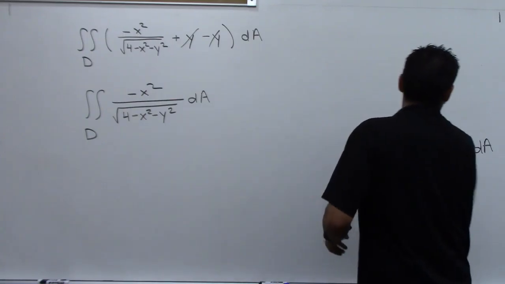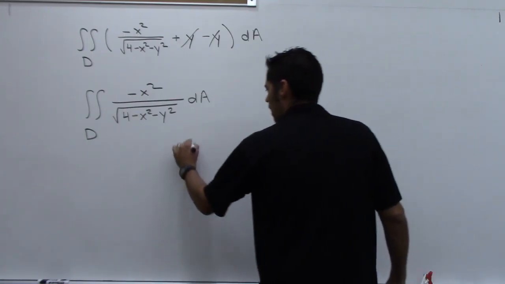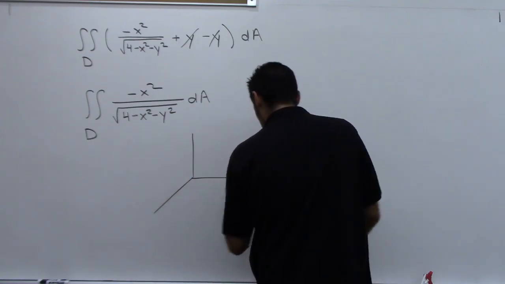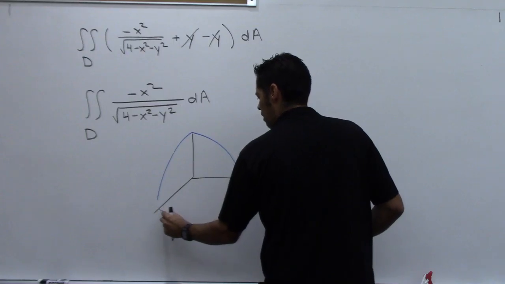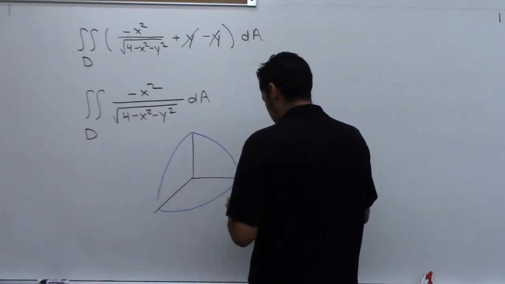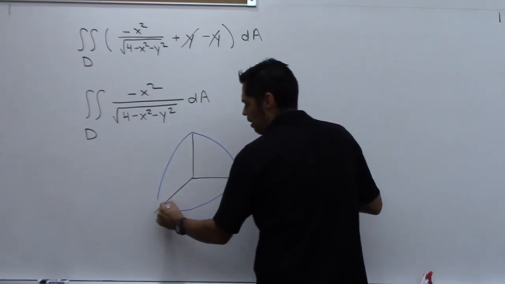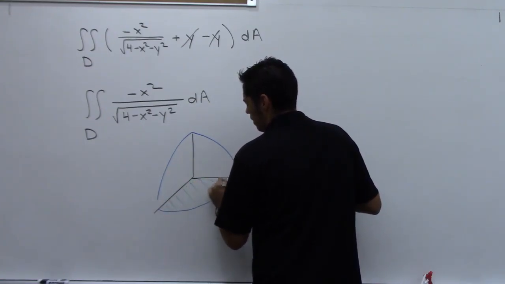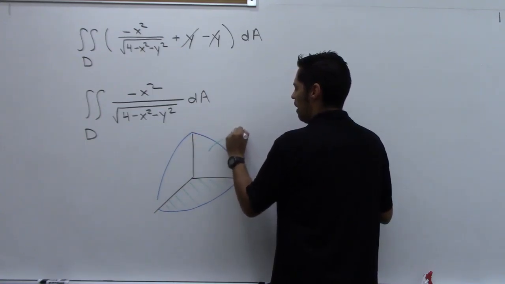All right, so now at this point, I need to think about how I'm going to figure out what D is. Now remember that we're working with this surface here, which was this part of the sphere up here. My question is, how can we figure out a restriction on X and Y? This is our XY plane that would draw that surface. Remember, this is G of XY.